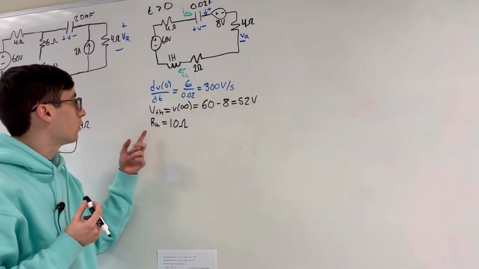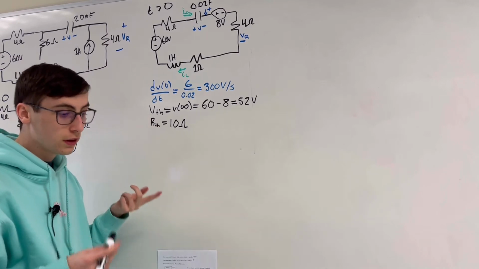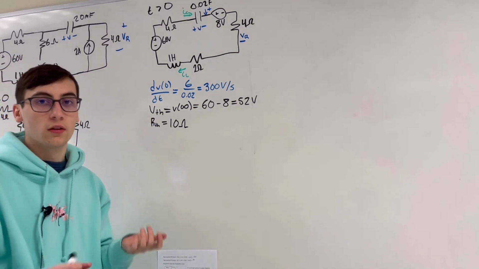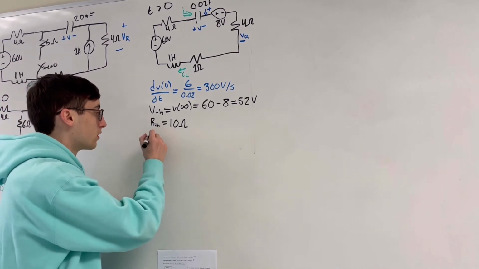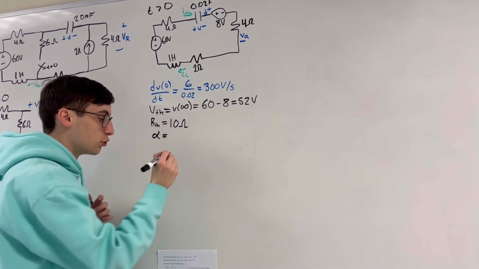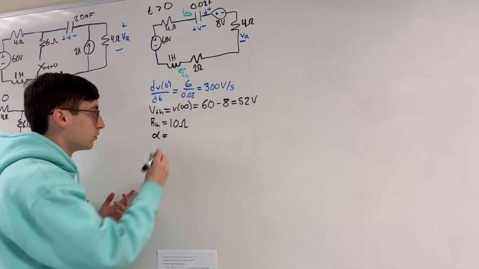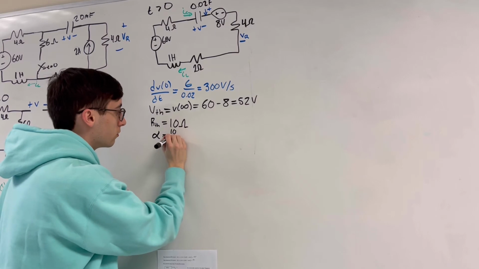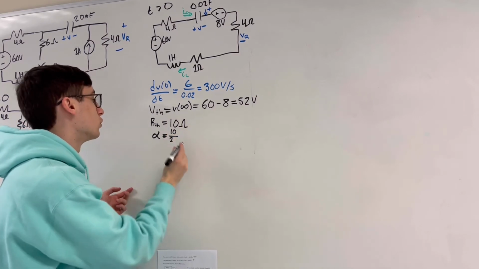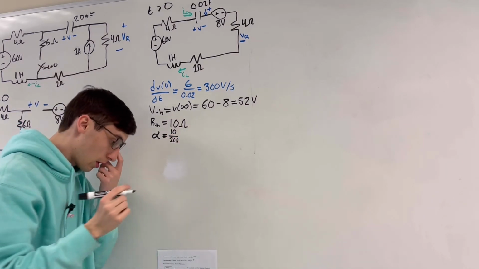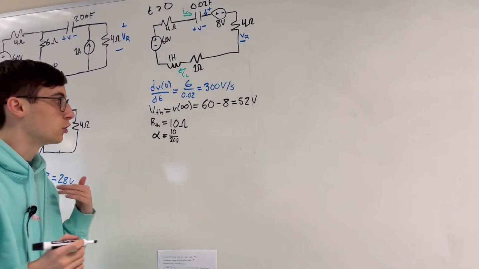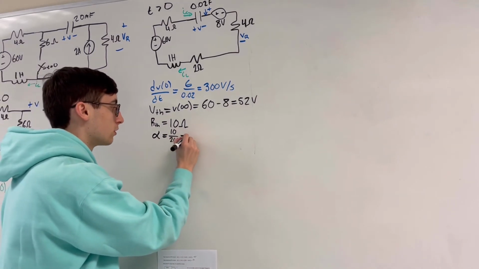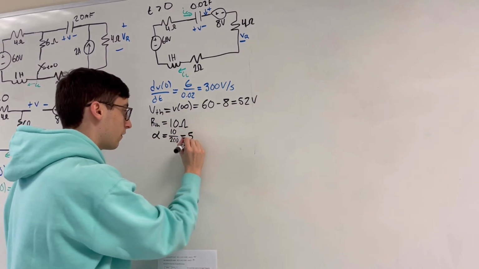Now that we have our RTH and VTH, or V infinity, we now want to solve for our alpha and omega naught. So alpha is just going to be RTH, which is our 10, over 2 times L, which is just 1. And we get that just looking at our formula sheet. It should be on there. So this is just going to be equal to 5.